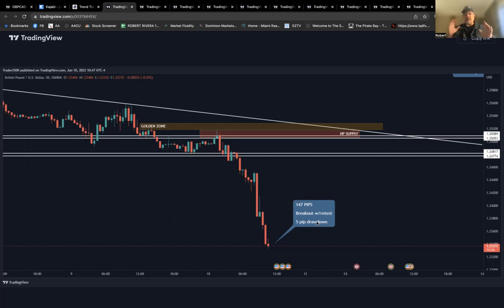Okay, you only need to see this so many times to recognize you got something. And also, something that you should recognize is it's worth waiting for price to come to the zone before doing anything. Heck, it's worth waiting for the breakout, which is practically what I did all week.